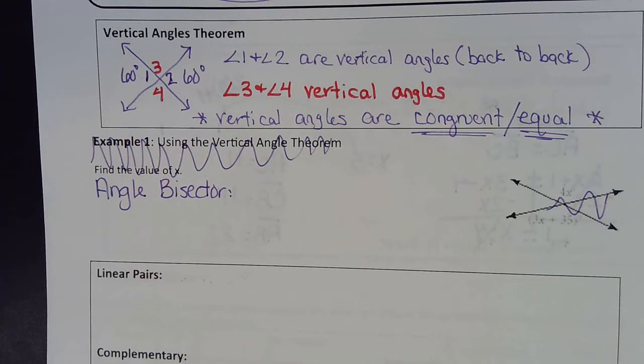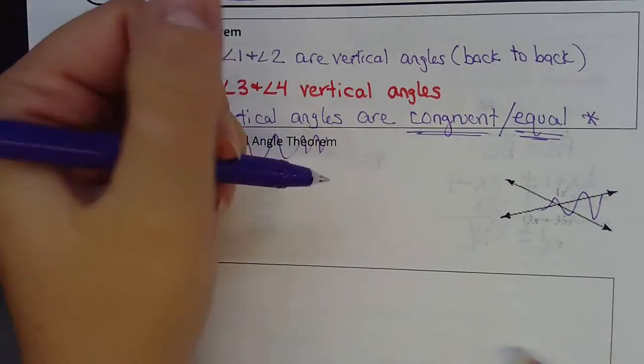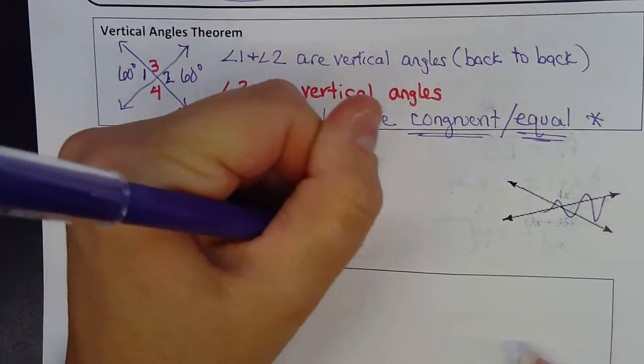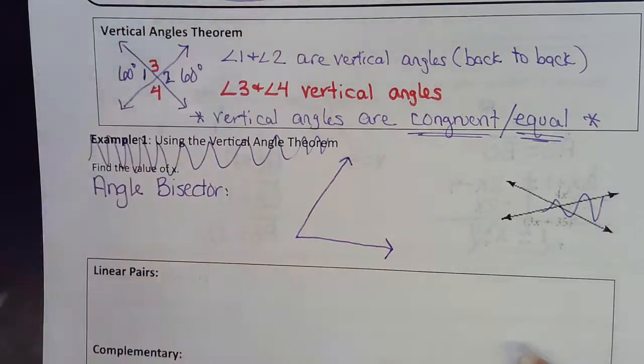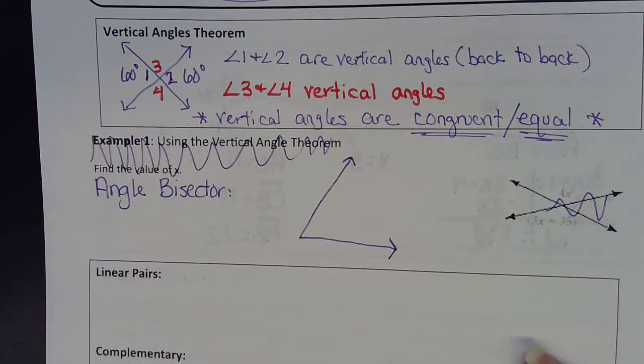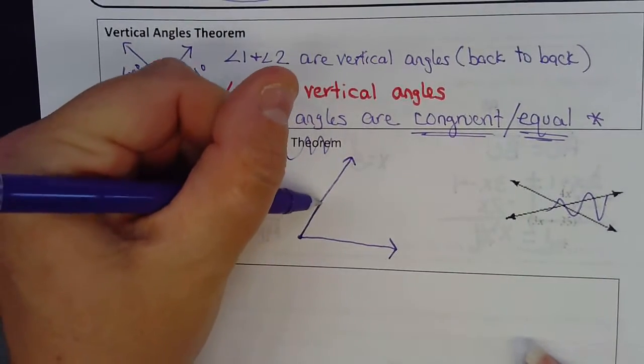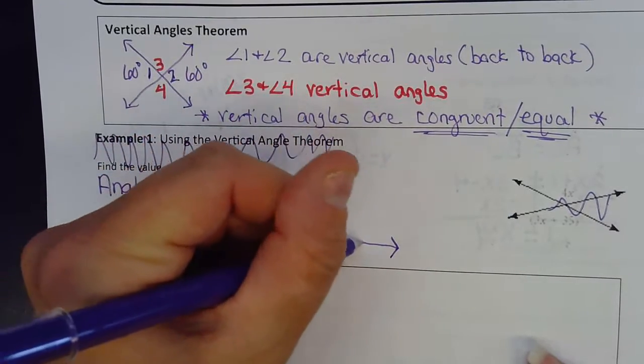So an angle bisector is kind of like the midpoint of a segment, but it's on an angle. And what the midpoint did when we learned about that is it cut your segment into two equal pieces. And that's what an angle bisector does as well. So if you have an angle, we have one ray coming out right here, one ray coming out right here.